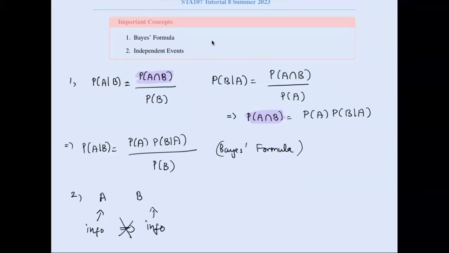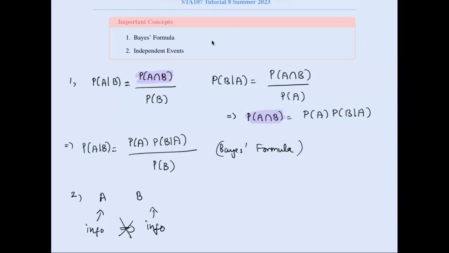For example, the event that you passed TUT0107 and the event that your friend passed, let's say Math 102, they're independent events, because if you know information about whether you pass 107 or not, it does not increase or decrease the chance that your friend can pass Math 102 or not.